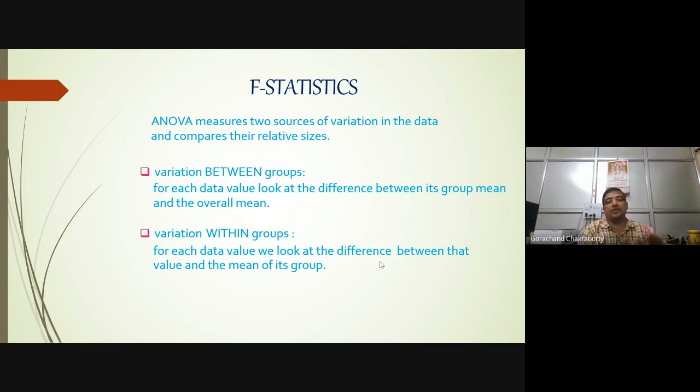For variation between groups, for each data value, we look at the difference between its group mean and the overall mean. For variation within groups, for each data value, we look at the difference between the value and the mean of its group. So these are the two types of variation ANOVA measures.